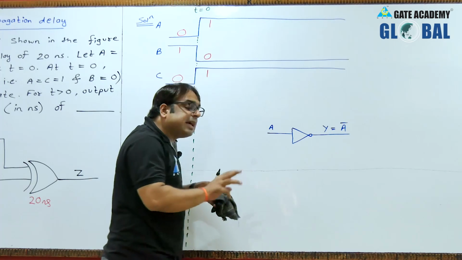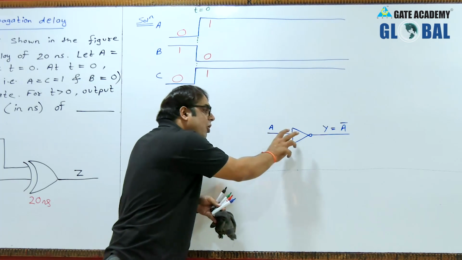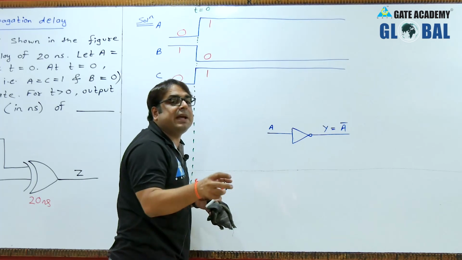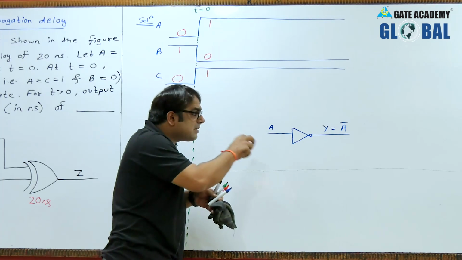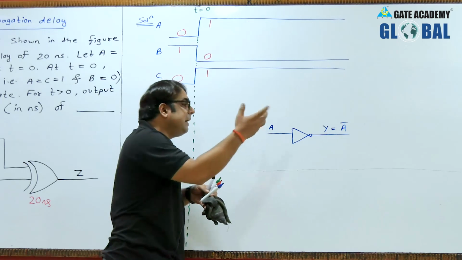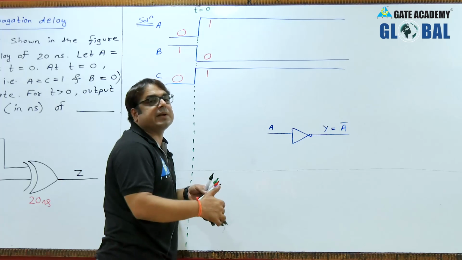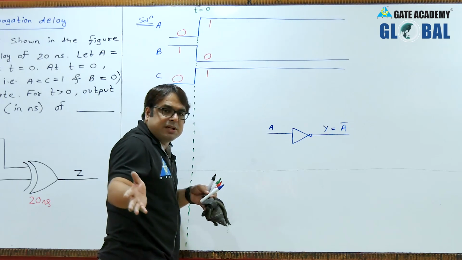But this does not happen in a practical situation, because this logic gate is made up of some circuit like RTL, TTL, maybe CMOS logic gate. So a gate can be constructed in multiple technologies.